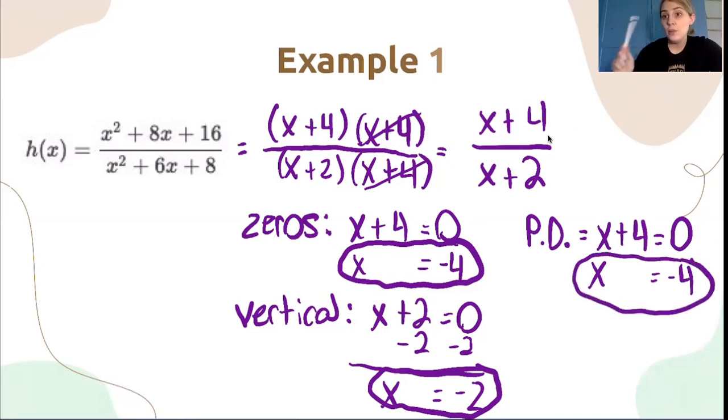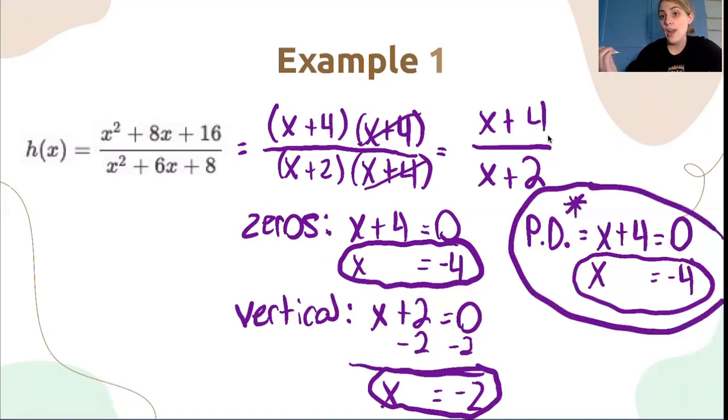When it's in 2 places, so it's in a 0 and the points of discontinuity, the points of discontinuity is going to win out. So x plus 4 is actually a point of discontinuity. It's not a 0. So we have negative 4 as our point of discontinuity and our vertical asymptote at negative 2.